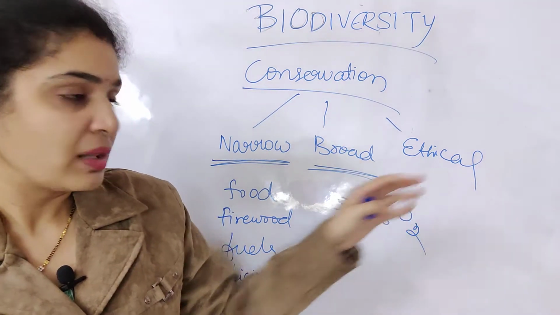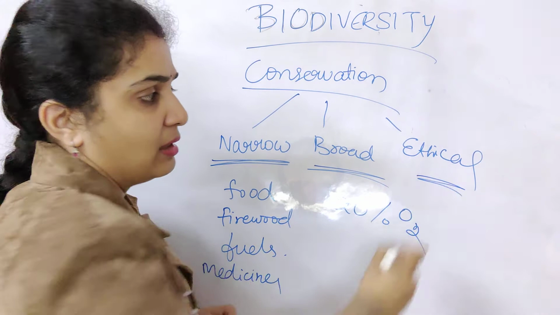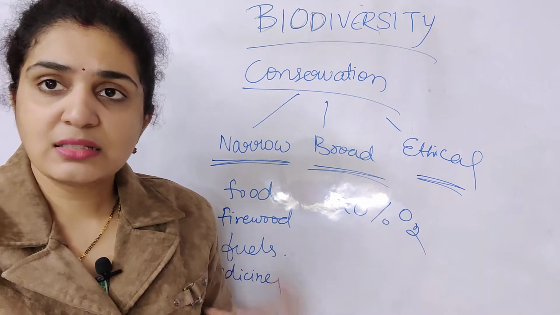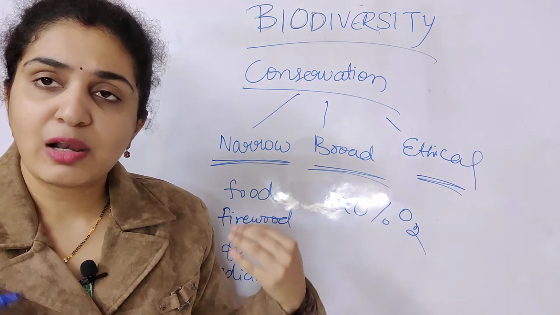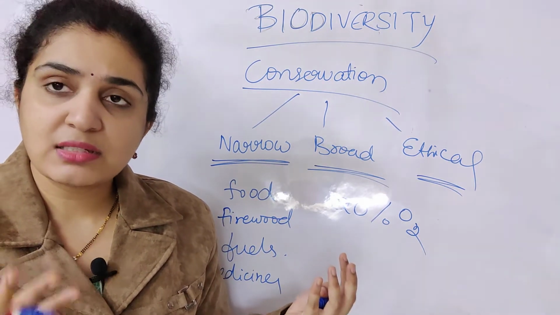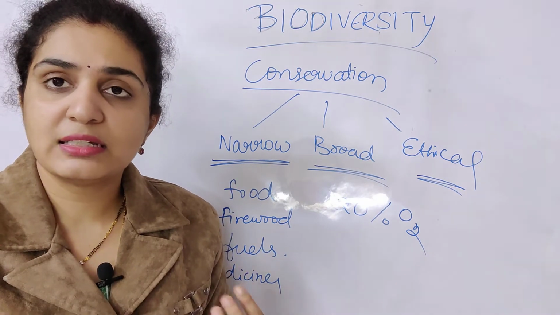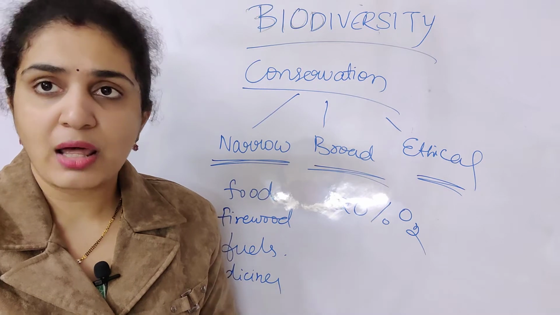And now comes the ethical argument. In this whole planet, we are not the only ones living. We live along with plants as well as animals. So it is our duty to save the plants as well as animals, because they are all beneficial.